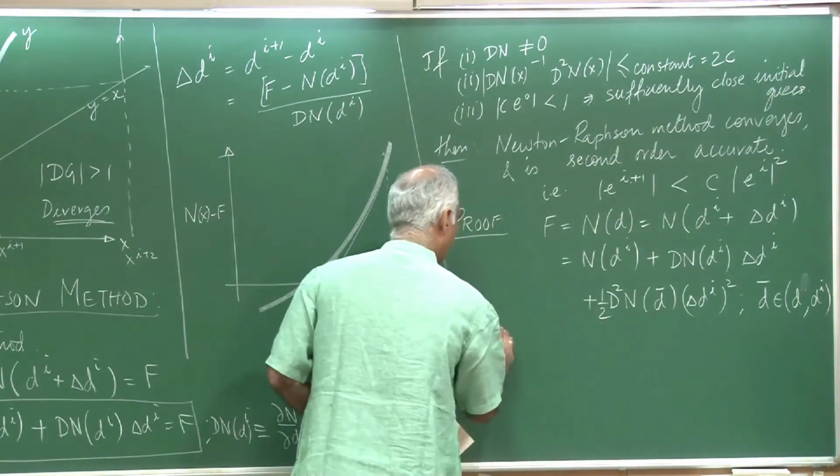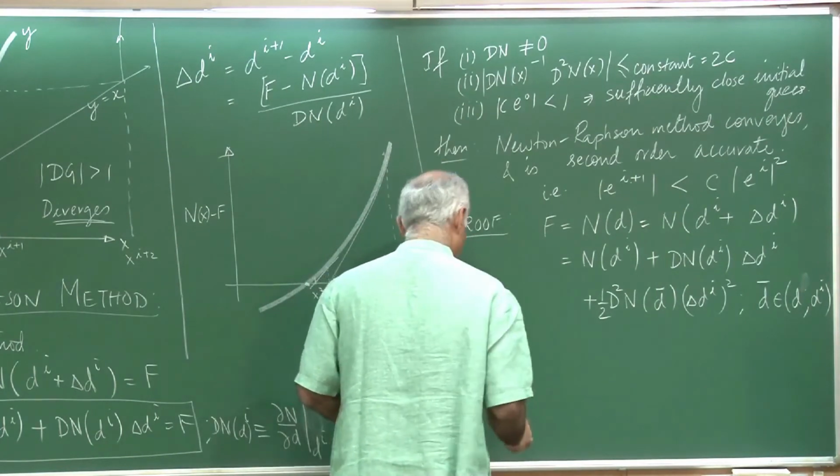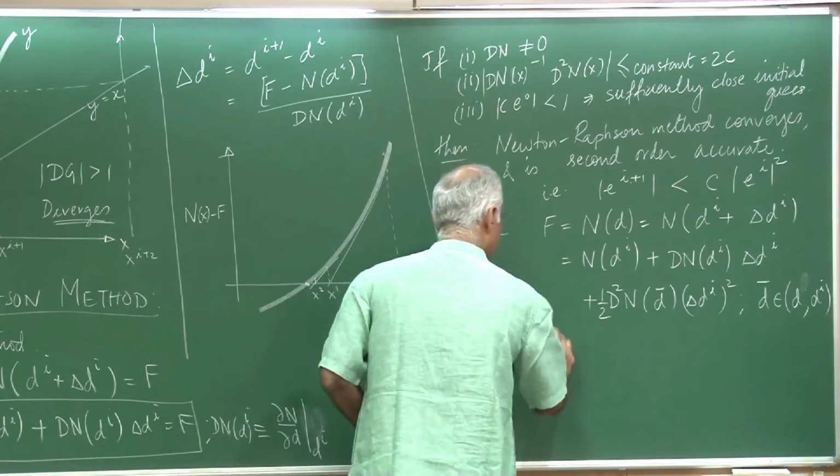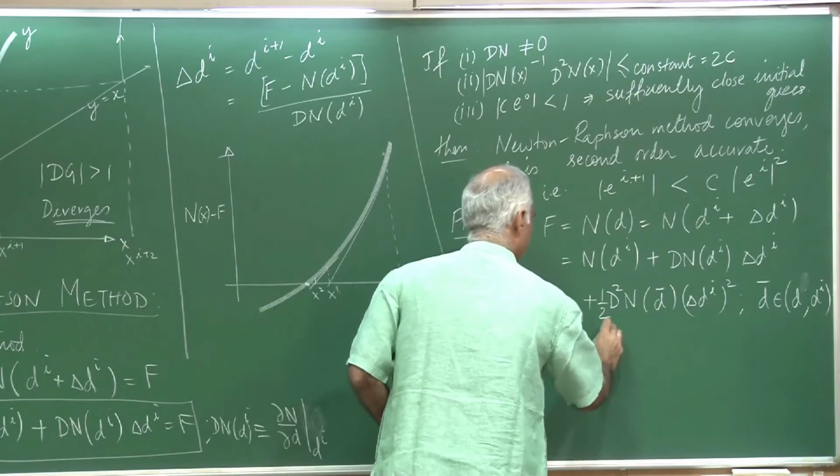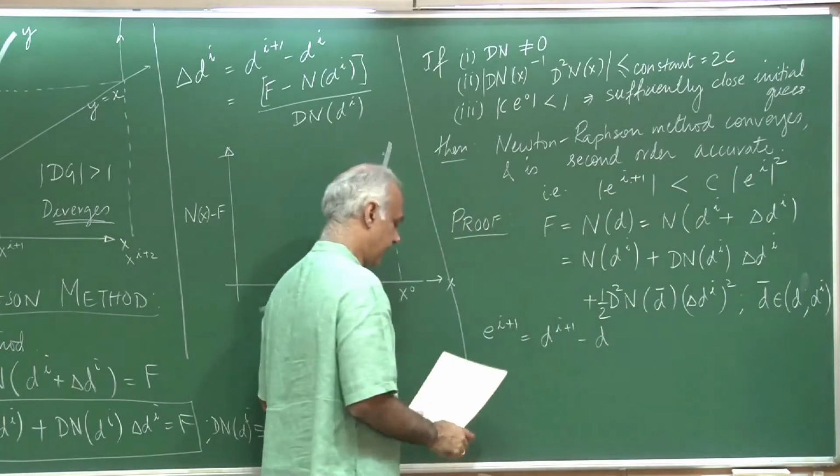So I can write down e_i plus 1 as d_i plus 1 minus d, where d is the exact solution.